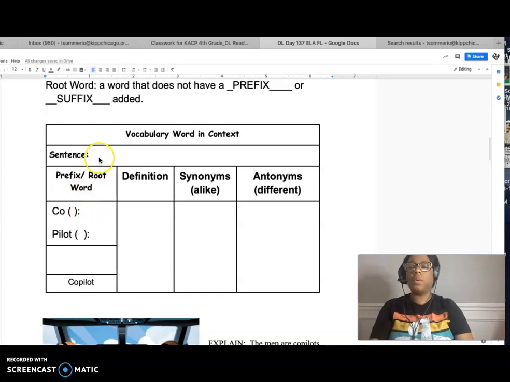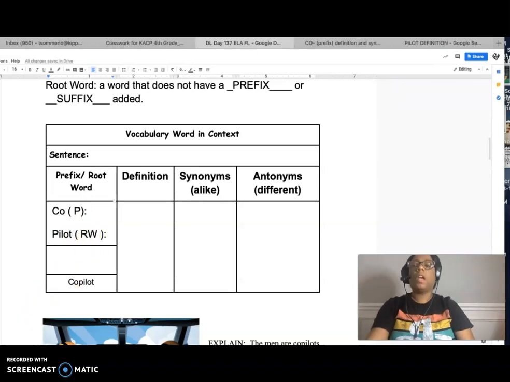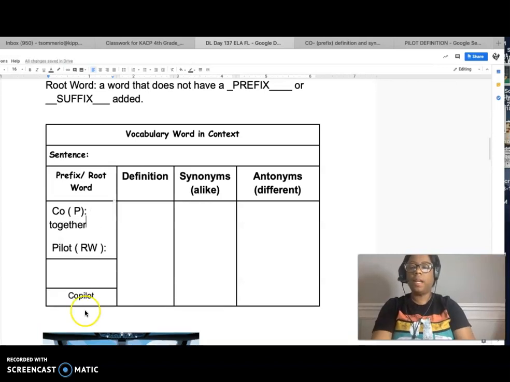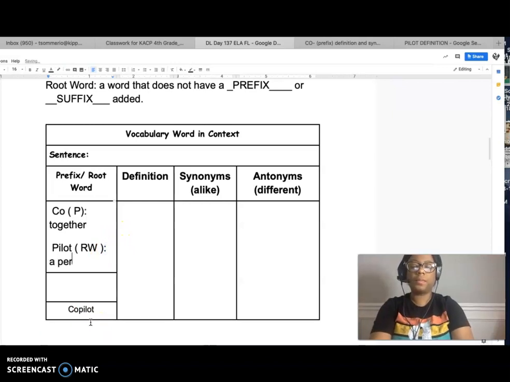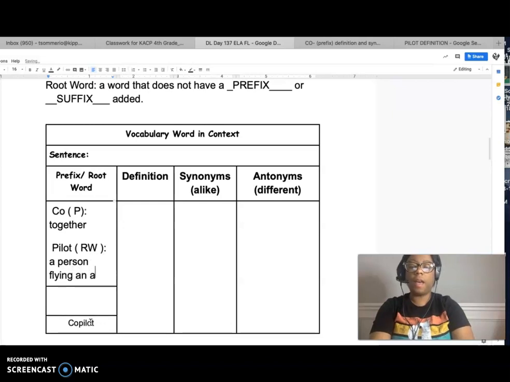All right, so I want to create a definition. So if I start with co, we know that co is the prefix. So we put a P right there. And we know that pilot is the root word. All right, so co means together. And the word pilot is a person flying an aircraft.